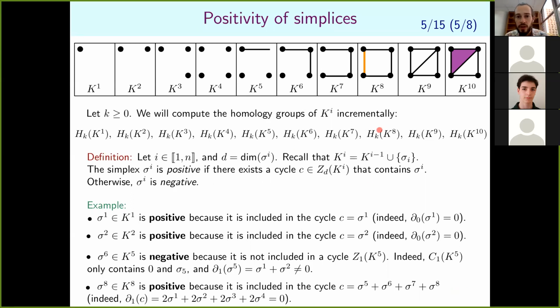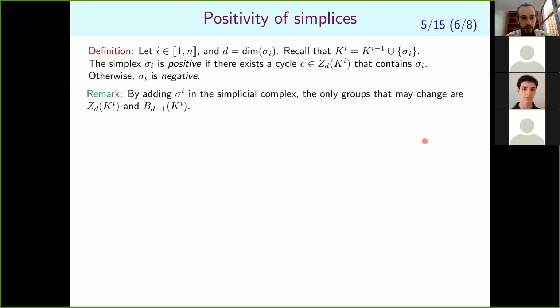So what is it useful for? First, a remark. When I add a simplex in a simplicial complex, the only groups between the cycles and the boundaries that may change are the group of cycles of dimension D, where D is the dimension of my simplex, or the group of boundaries of dimension D minus 1.